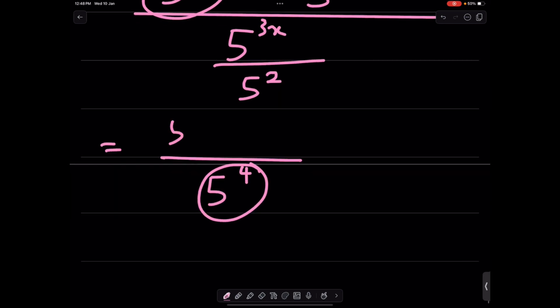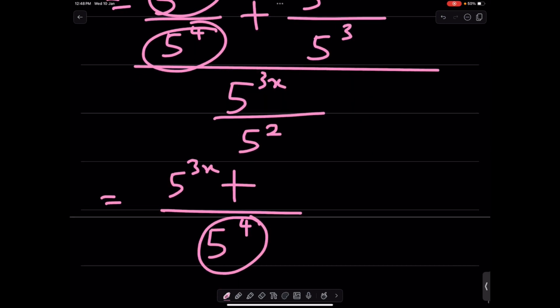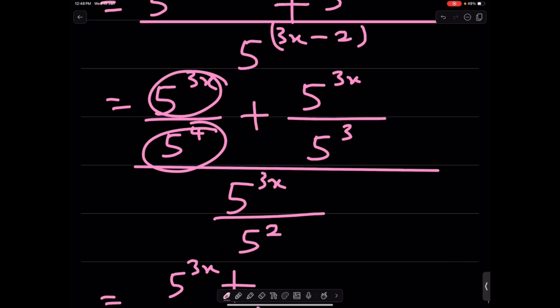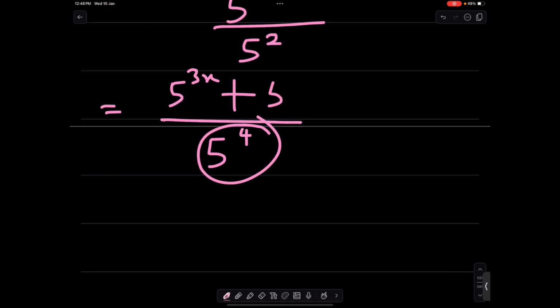That will be 5 raised to the power 3x plus, now to the next one, 5 raised to the power 4 divided by 5 raised to the power 3. That's 5 raised to the power 1 times 5 raised to the power 3x. That will be plus 5 times 5 raised to the power 3x.